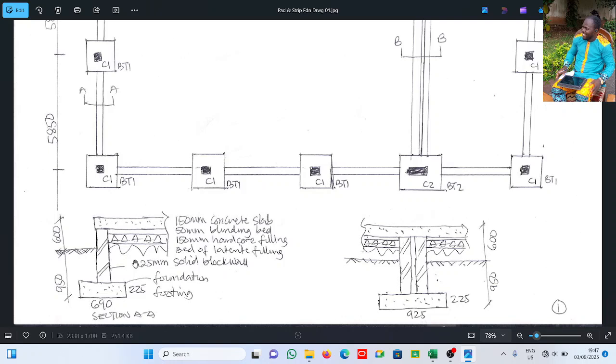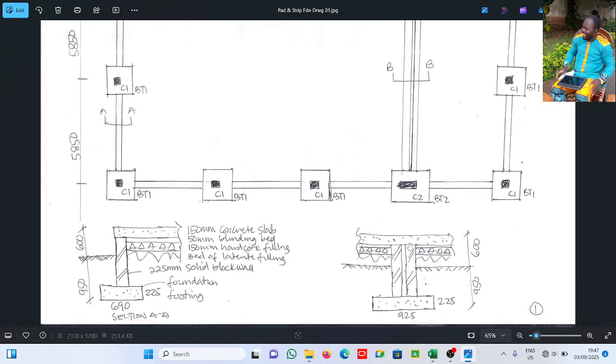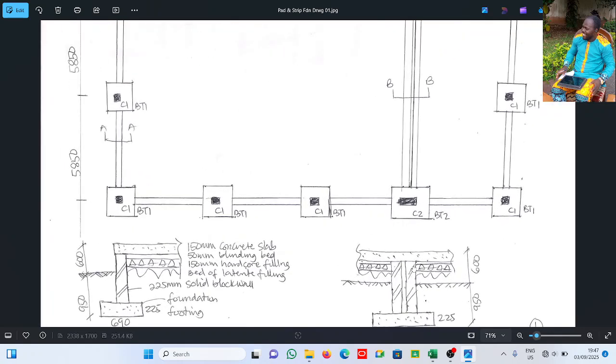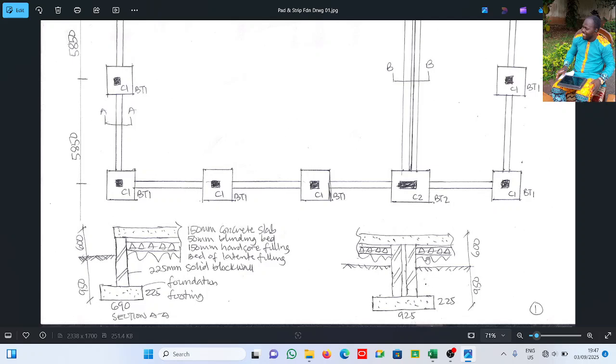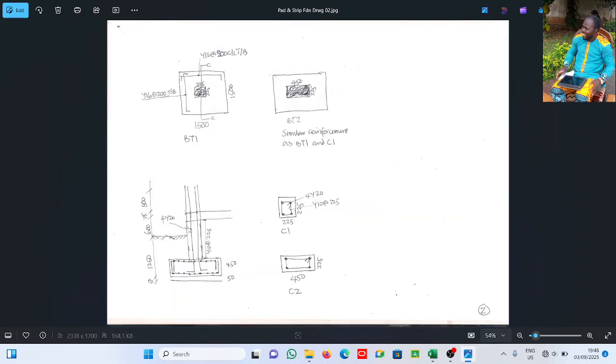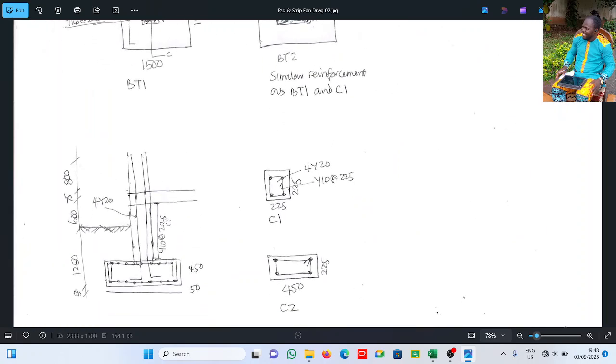This is for the single wall, and this here is for the double wall. Look, this is section B, so we have two walls here. Now this is a section for the footing.